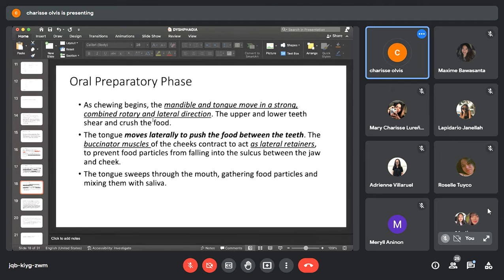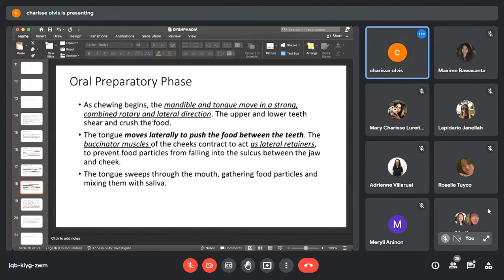And then, the other structures that have responsibility are your mandible and your tongue, because they move the bolus backwards towards the other structures.